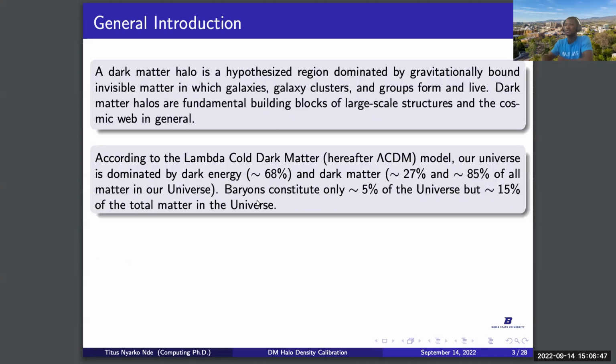When we talk of dark matter, we are talking about a hypothesized region of gravitationally bound objects. This region is usually dominated by invisible objects that we have not yet detected. So dark matter is actually inferred. One of the ways we infer dark matter is by looking at the motion of gas and stars in galaxies.